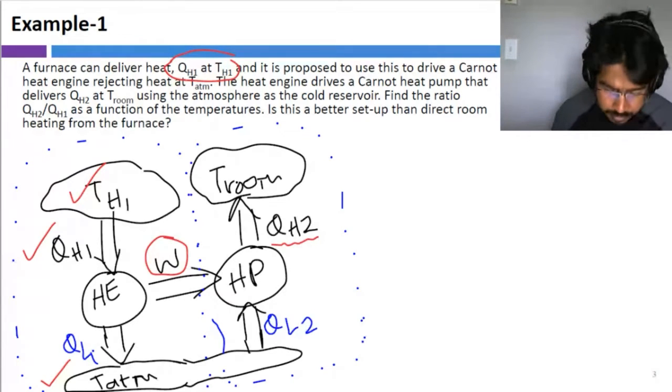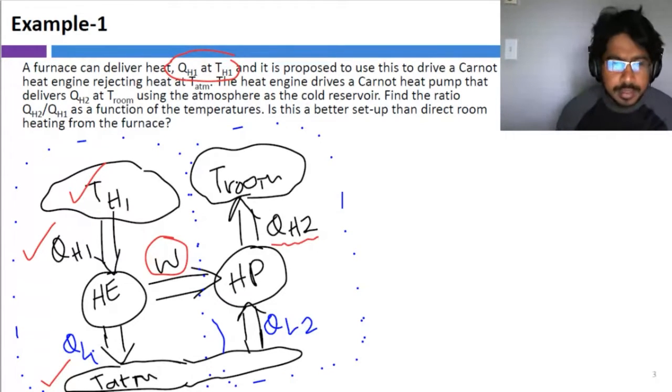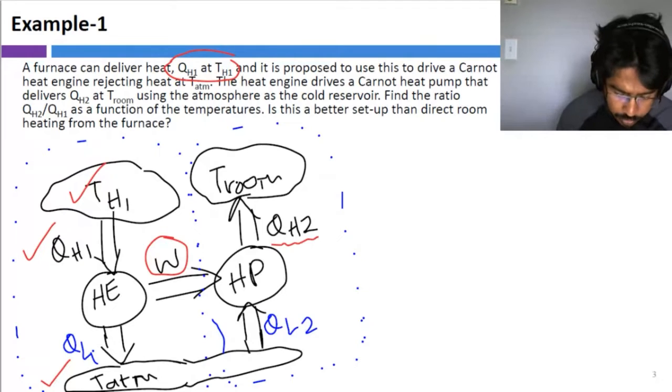Now let's try to see how we can solve this problem, right? So it wants us to derive a relationship between the QH2 and QH1 using the temperatures.